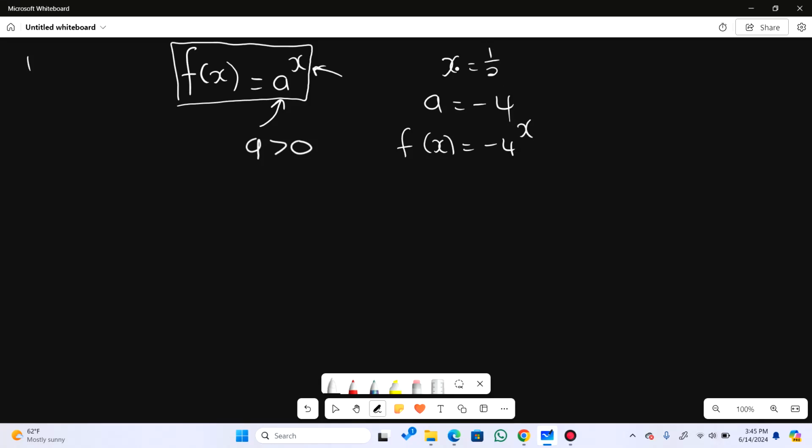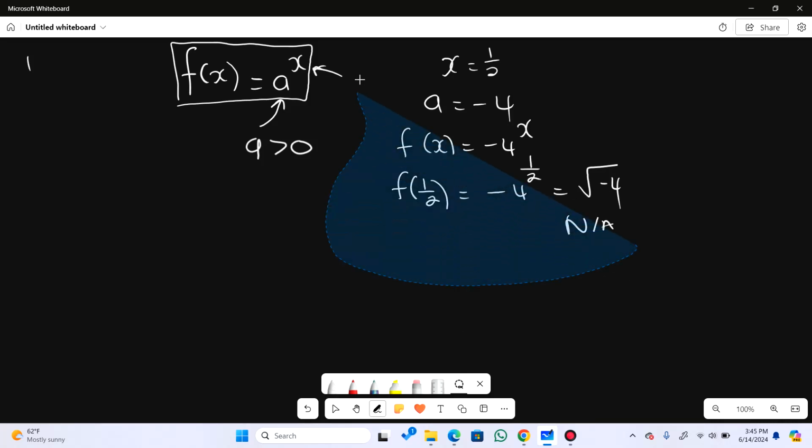Then x is equal to a half, and hence we'll have (-4) to the power of a half. This will give us a square root of -4, which in that case will give us a math error, so it does not exist, meaning a in that case has to be greater than 0.